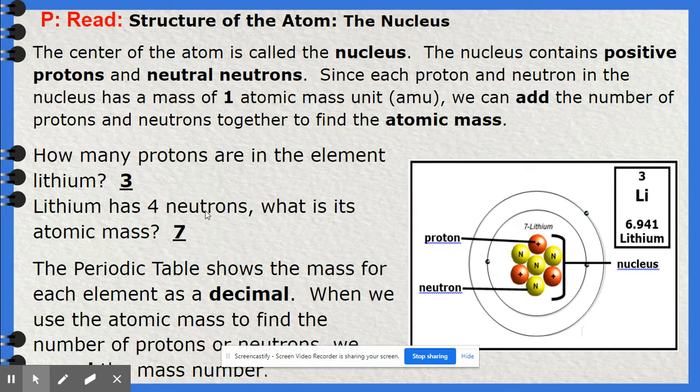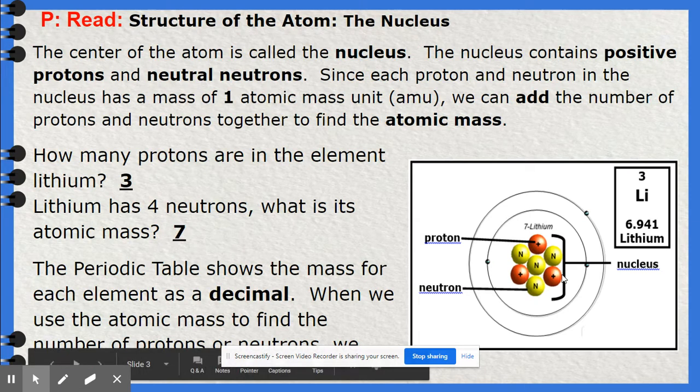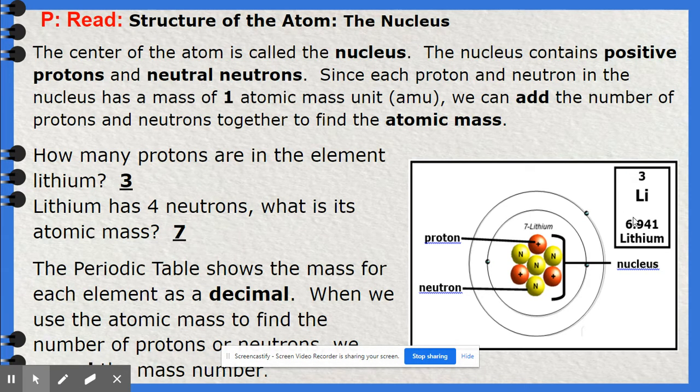Lithium has 4 neutrons. What is its atomic mass? So the atomic mass is the decimal below the symbol, and we would round that. So looking at the digit after the decimal, if that's greater than 5, we would round this to a whole number 7. So we would then call that the mass number.